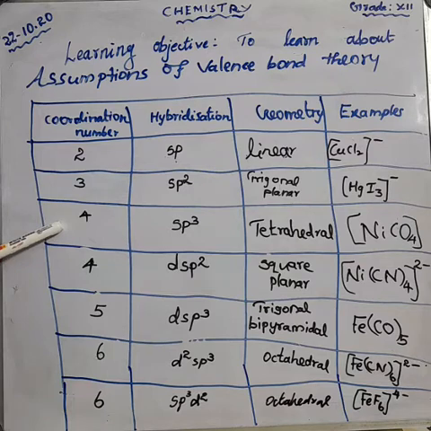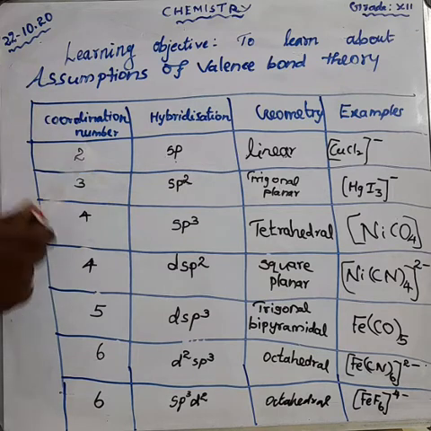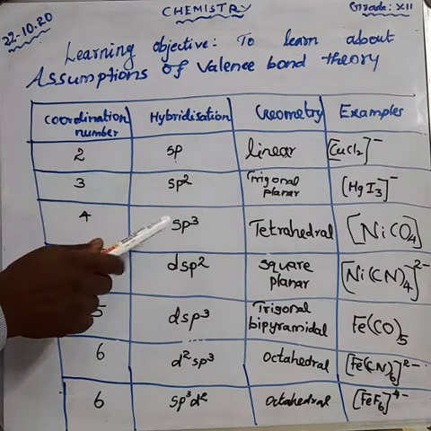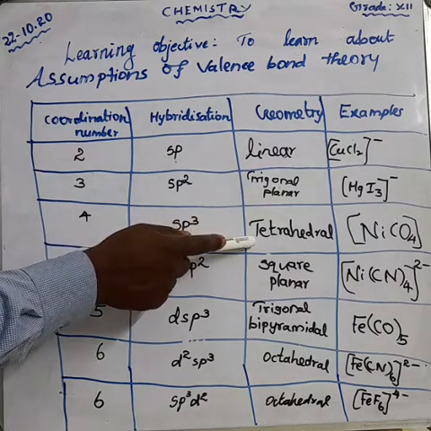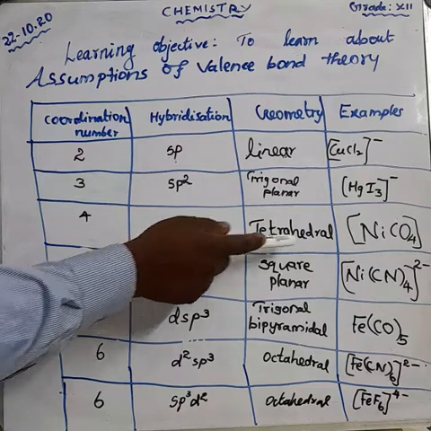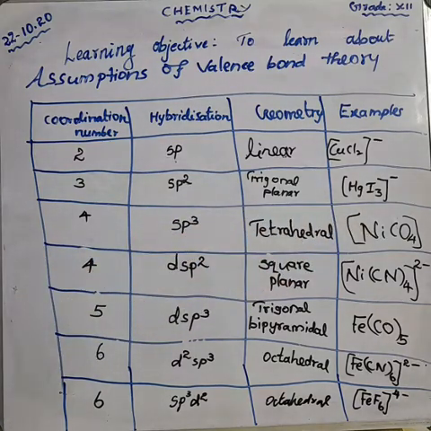There are 2 hybridizations. One is sp3. Coordination number 4 with sp3 hybridization is tetrahedral. What is the example? Ni(CO)4.